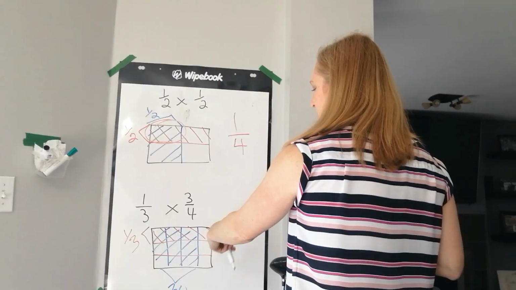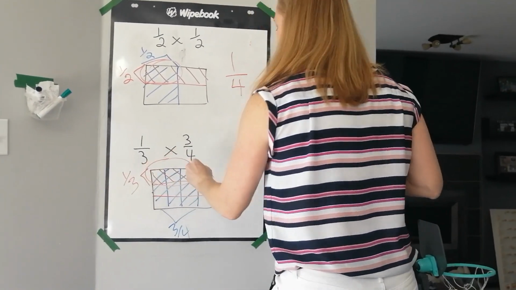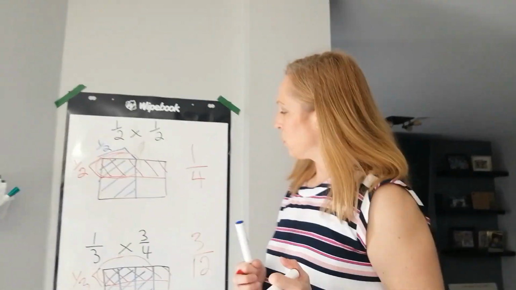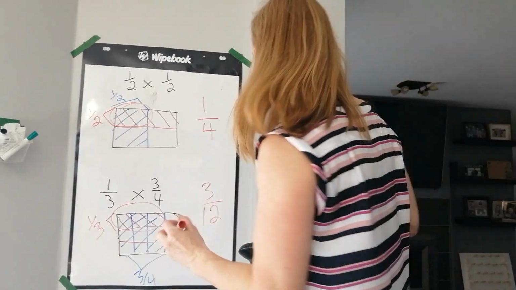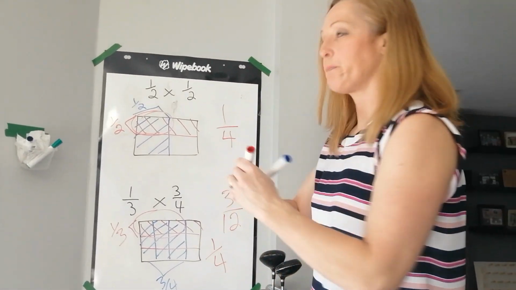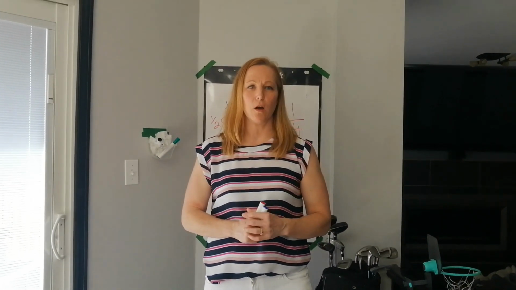I count how many pieces there are in total. There are 12. These 3 are shaded in twice. 3/12 is not in lowest terms. If I want to put that in lowest terms, I'm going to find that it is 1/4.